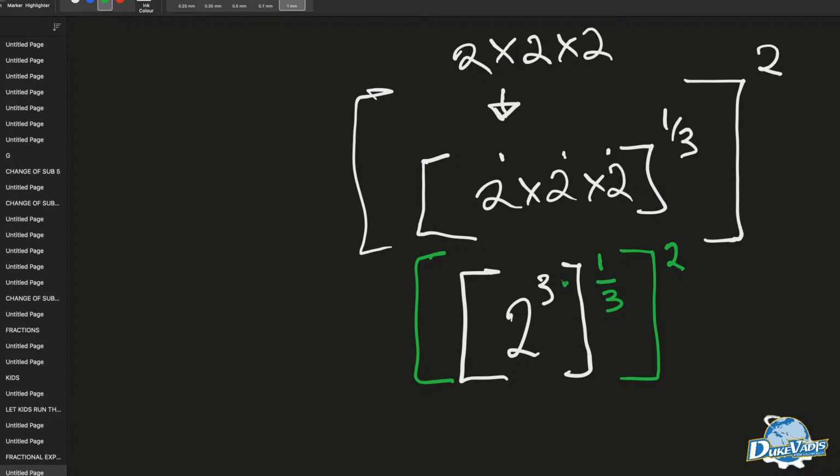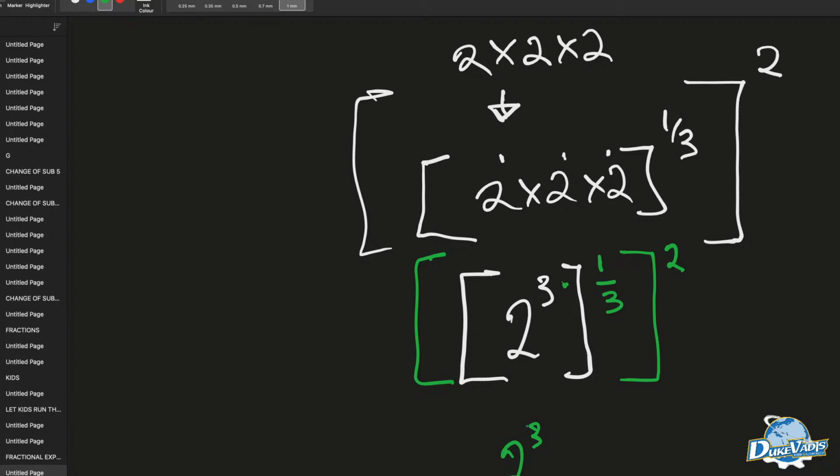So let's do our expansion. Say we have 2 raised to the power 3, and we're going to expand this. So this will be the 1/3 sitting outside. We'll multiply this, then close our bracket. But don't forget that we still have our 2 sitting here.